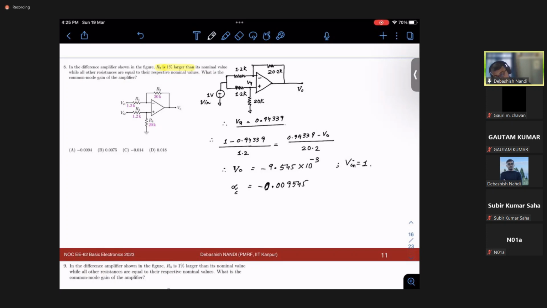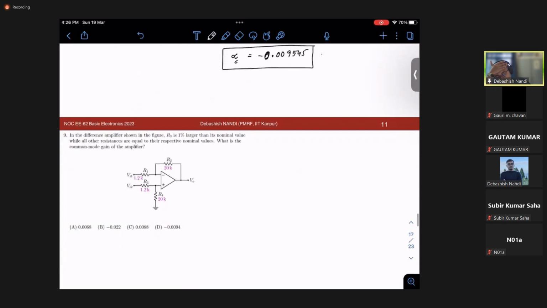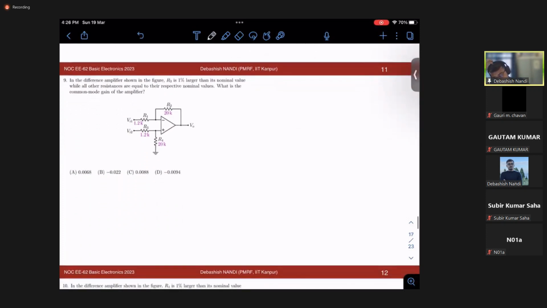Now again question number 9. Now what are they telling? They're telling that R3 is larger, right? 1.212. So again, simply if I check, my Vx will now change. Vx will be 20 over 21.212 into 1, you can say. I will just apply 1 volt common voltage at the input.